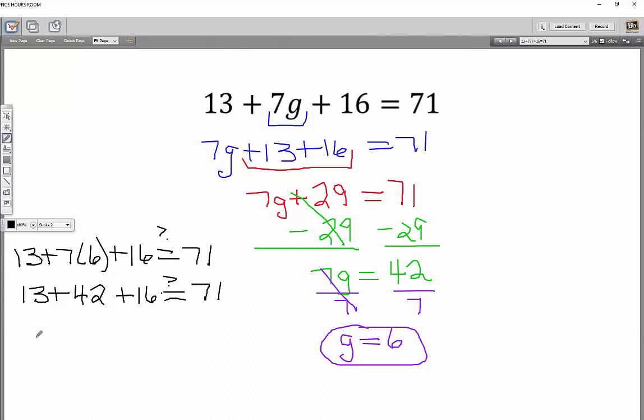Let's keep simplifying to find out. 13 plus 42 is 55 plus 16. 55 plus 16 is indeed 71. Since we end up with the true statement that 71 equals 71, we know that g equals 6 is our correct solution.